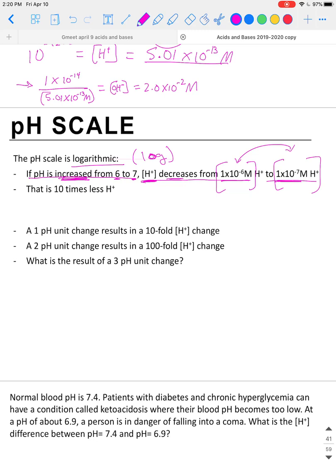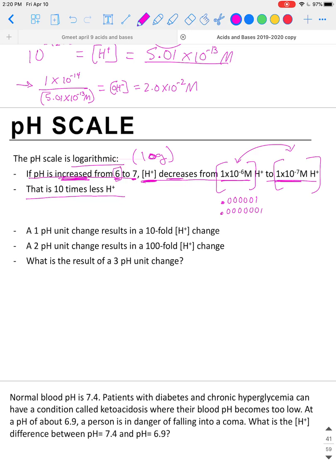That's like saying this, 0.000001 versus 0.0000001. If you notice, there are 5 zeros in the first one and 6 in the second, a difference of 1 decimal place. So what that means is we have 10 times less H plus.